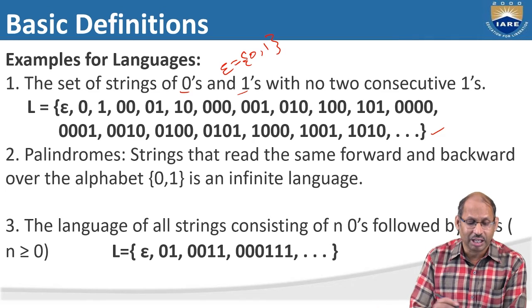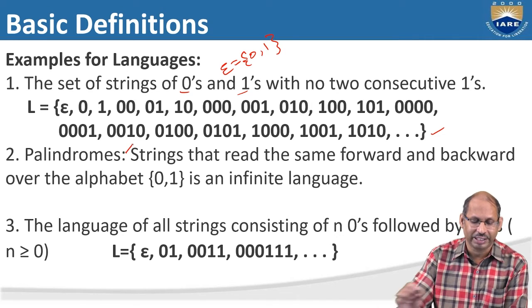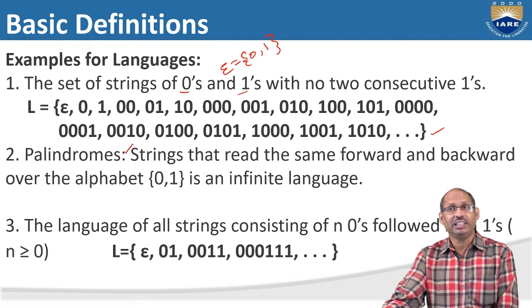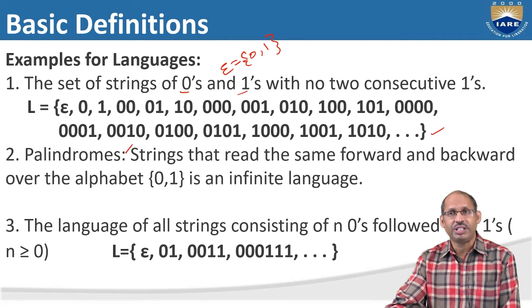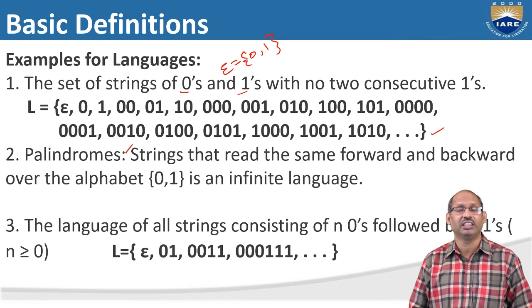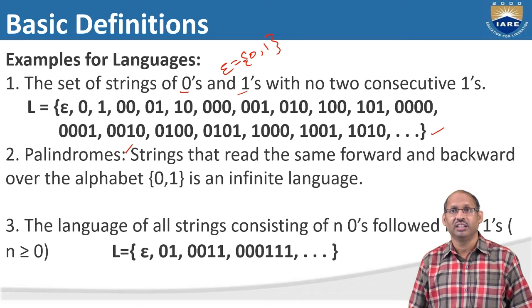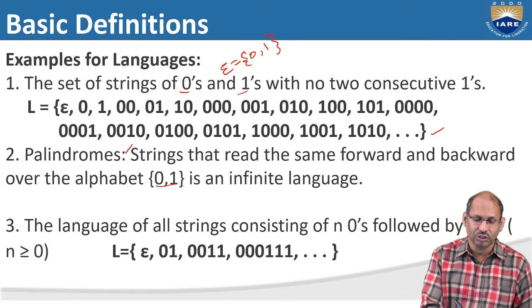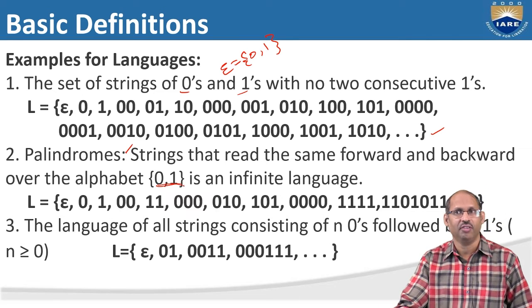Then our second example is palindromes. What is a palindrome? When you reverse a string and get the same string, we say the string is a palindrome. Here, what is the alphabet? 0 and 1 is the alphabet.